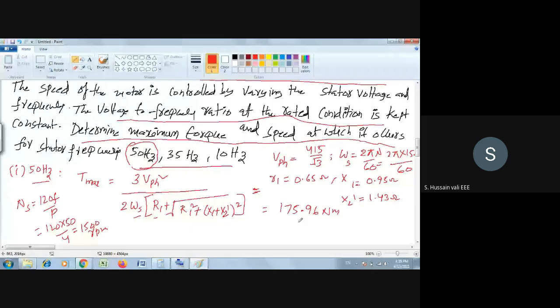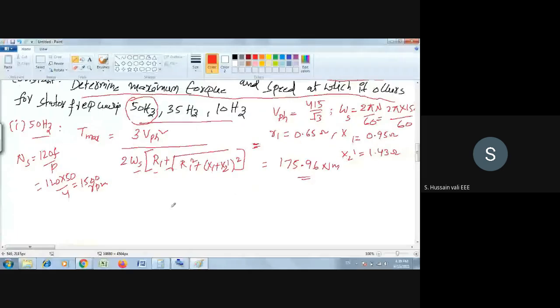Now recall yourself, there is a formula you might have got for the slip at which the maximum torque occurs, S m. What is that formula? It is R2 dash divided by the square root of R1 square plus X1 plus X2 dash whole square.